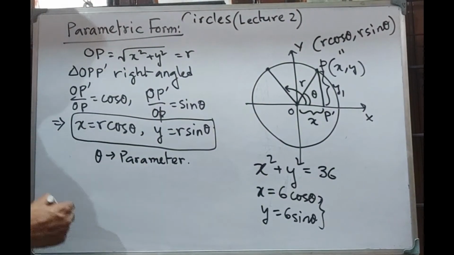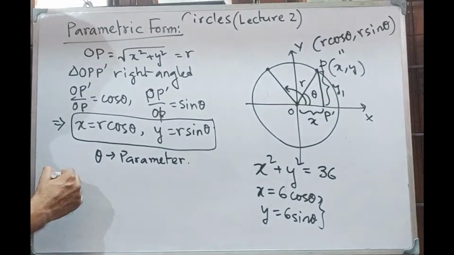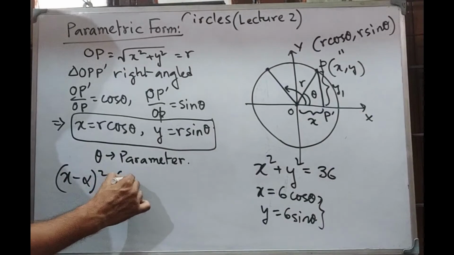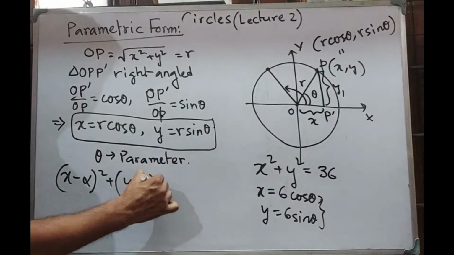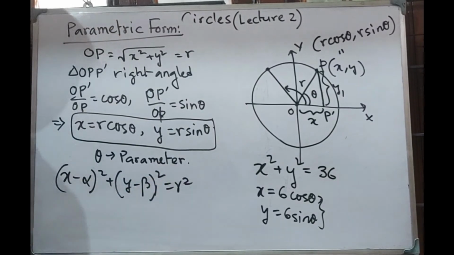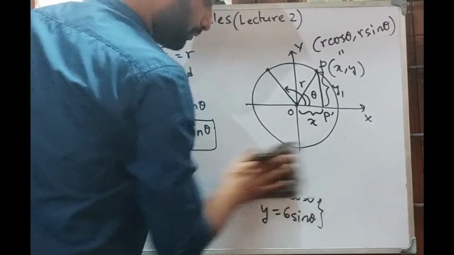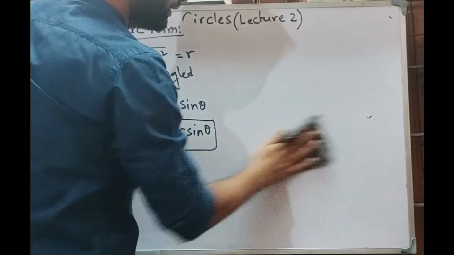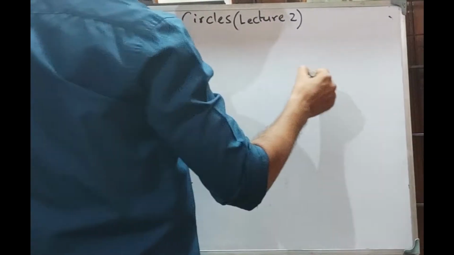So in central form, we take the equation of the circle like this: (x minus alpha) whole square plus (y minus beta) whole square is equal to r square. And if I draw the picture here, then we will see that the picture will be something like this.